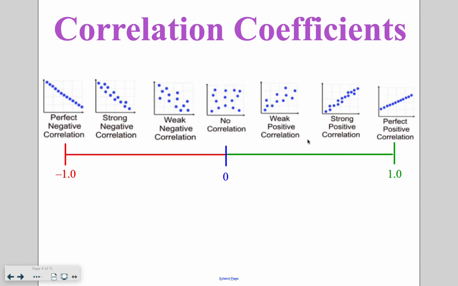When determining whether it's weak or strong, so whether that model fits our data really well because the dots are really close to the line that we would put in, or whether they're a little bit more spread out, is determined kind of by the spread of the data.